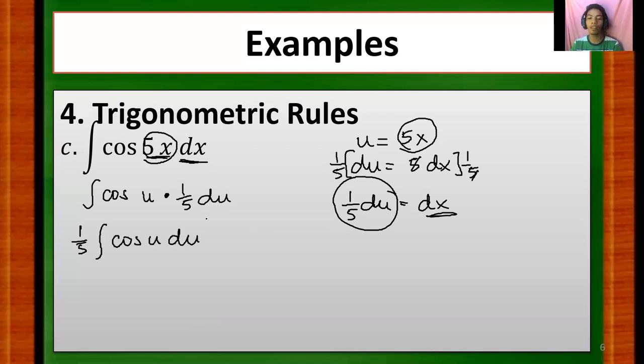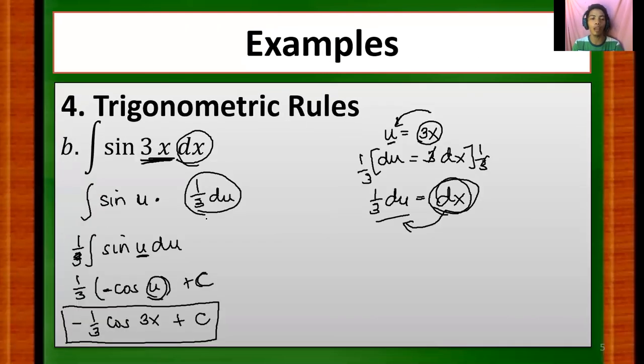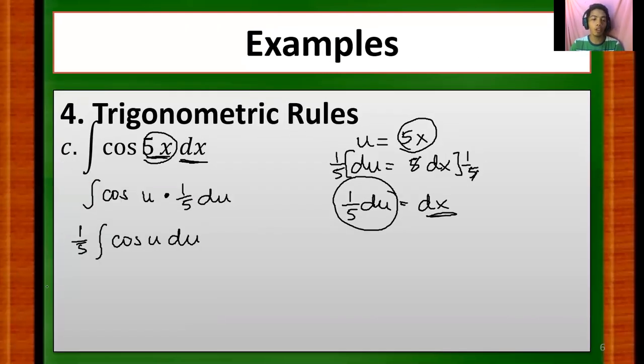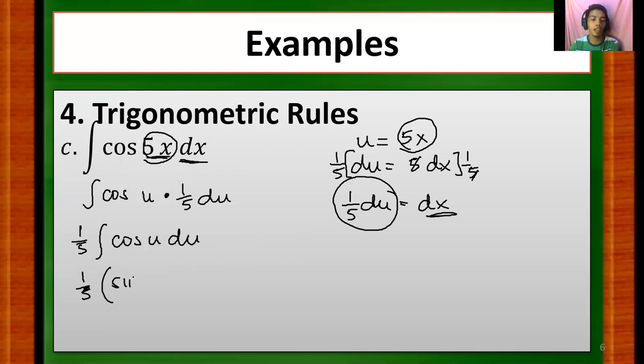At alam ko, dito sa ating formula, na ang integral ng cosine u du ay sine u plus c. So titingnan natin yung formula. So that is equal to 1/5 multiplied by sine u plus c.